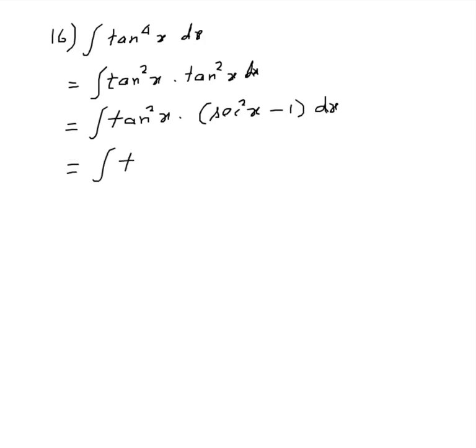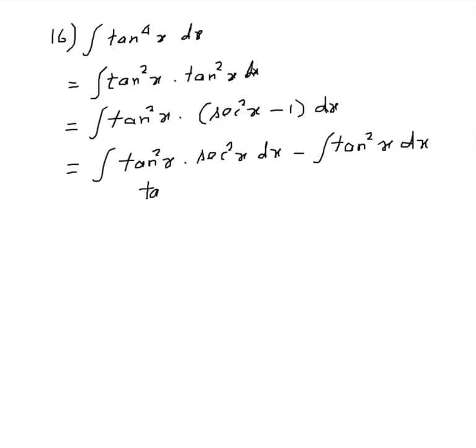Open the brackets. We get tan square x into secant square x dx minus integral of tan square x dx. We have an integration formula for secant square. We don't have one for tan square. So we will change this tan square as secant square minus 1, identity.